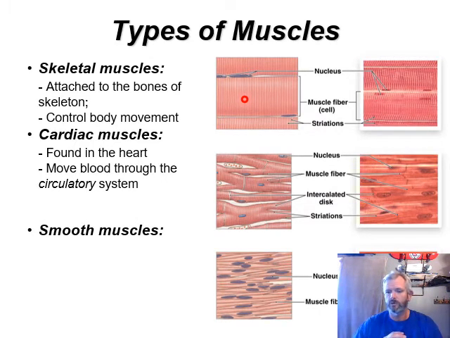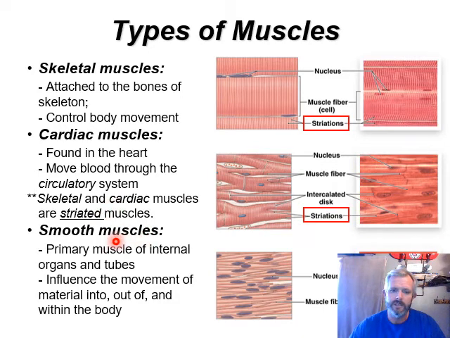They originally were single cells that merged or fused together, and so we have multinuclei in these skeletal muscles. The cardiac muscles, similar in appearance in that they have the striations, but they are these branched, smaller cells that are brought together by these little intercalated discs.